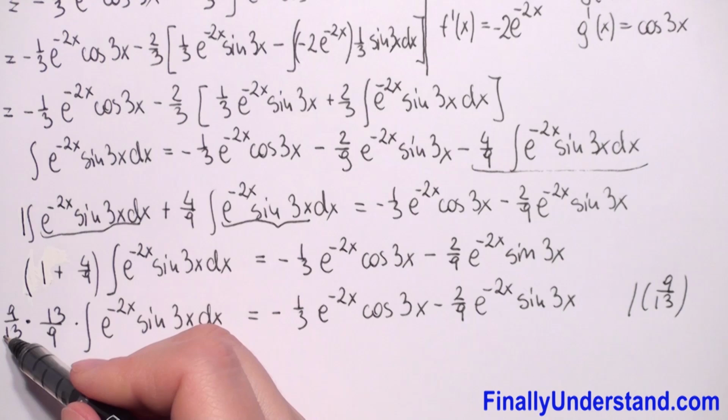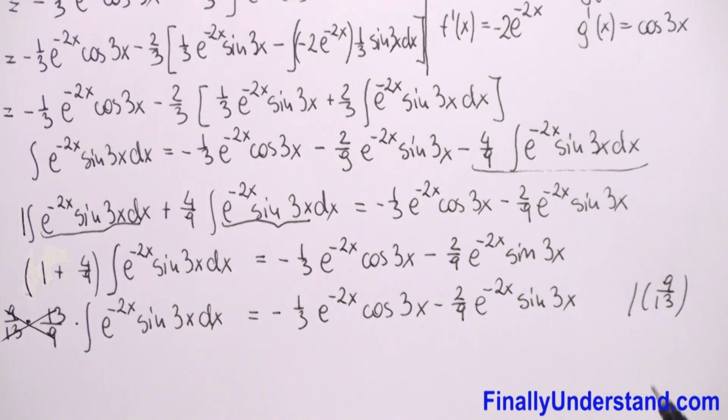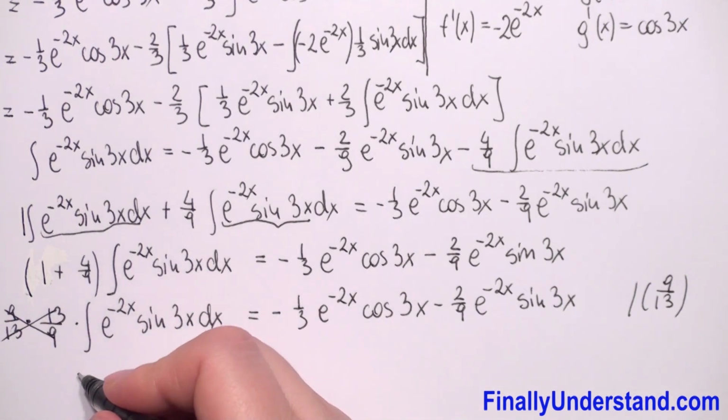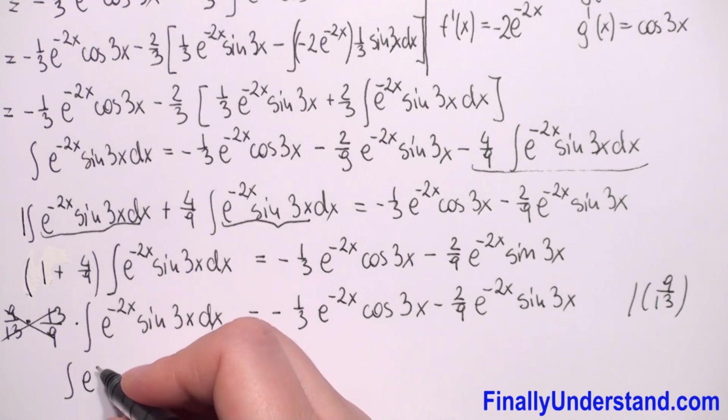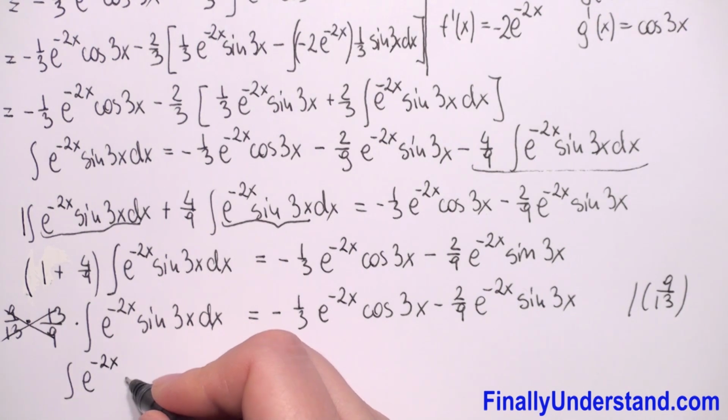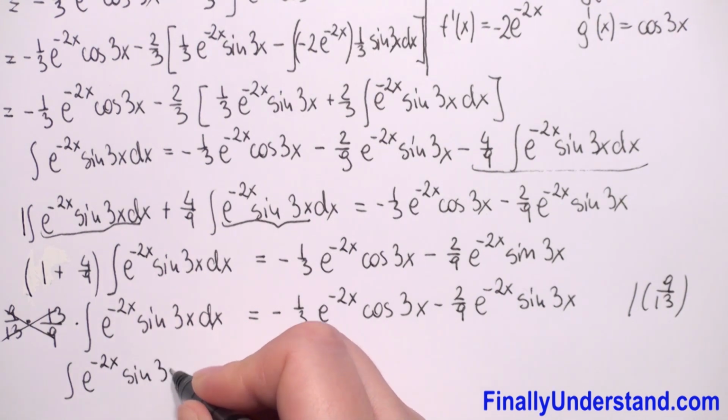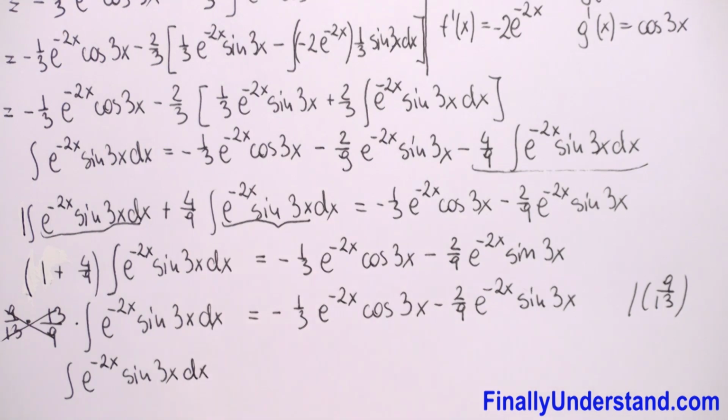So this will reduce, and we have the integral of e to the power negative 2x sine of 3x dx is equal to. Now we have to multiply every expression by 9/13.